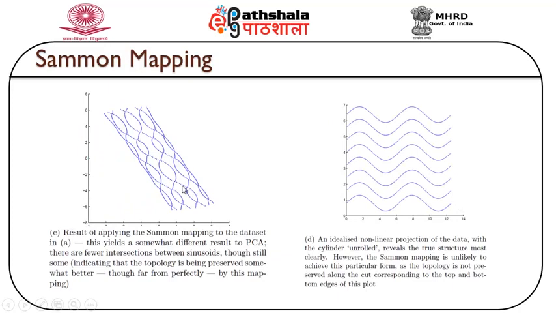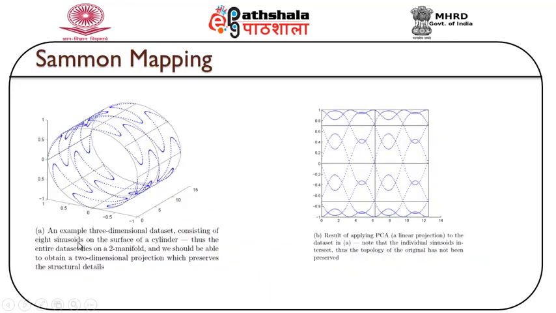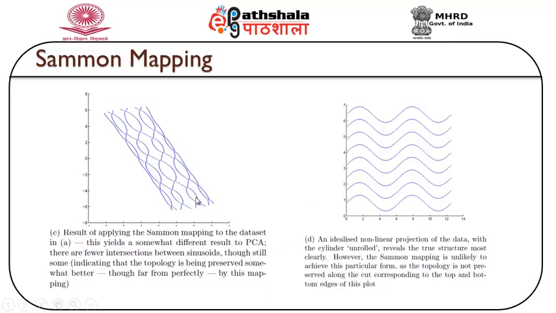If you look at figure C, the result of applying the Sammon mapping to the data set given in A is shown in C, which yields a somewhat different result to that of PCA. There are fewer intersections between the sinusoids, though there are still some intersections, but far fewer compared to PCA.